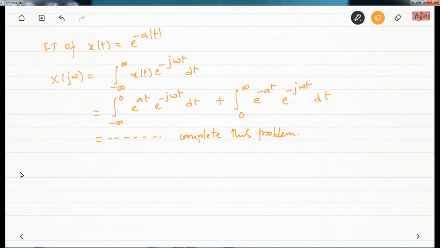Then we'll take another example. This example is rather more interesting because it is to find the Fourier transform of the unit impulse delta of t.